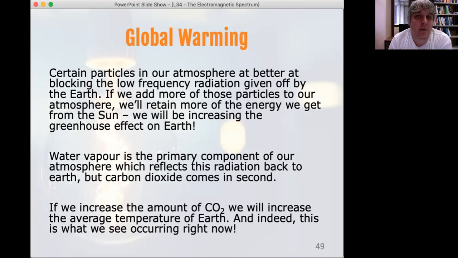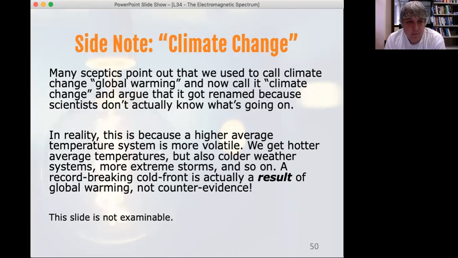We will let less off into the universe, and that will increase the temperature here on Earth. Water vapor is the primary component that reflects infrared radiation back to Earth, but carbon dioxide comes in second. And if we increase the amount of CO2, it will increase the average amount of energy on Earth, the average temperature on Earth, and indeed that's exactly what is going on at the moment.